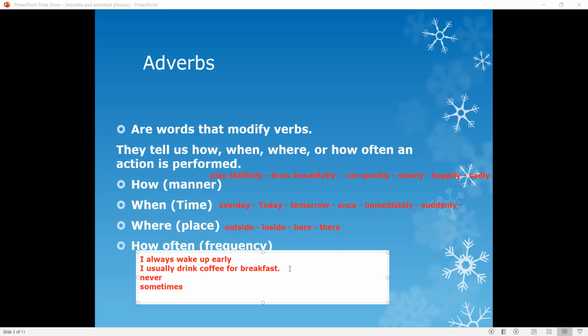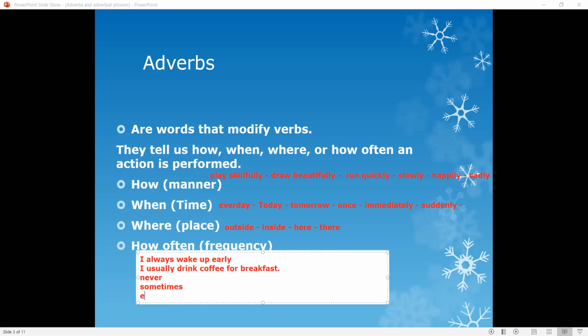What else? Words that show frequency. You can also say hardly ever. I haven't ever been to America, for example. I haven't ever been to Switzerland.